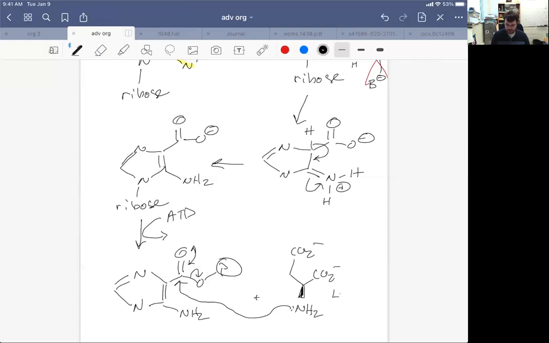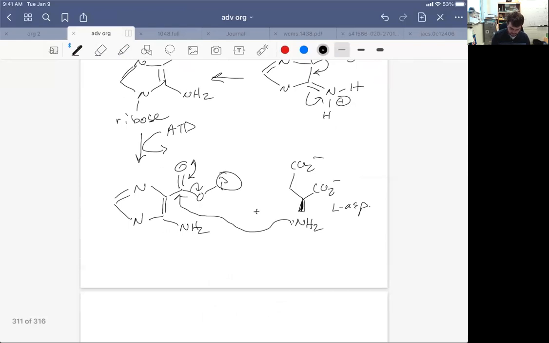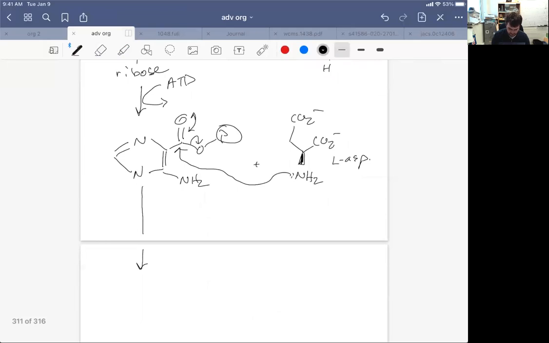So there is L-aspartate, the amino acid that's coming in. That's going to make an amide at the position that was the carboxylate, or the CO2 minus that we just added from our CO2 adducting with our enamine.